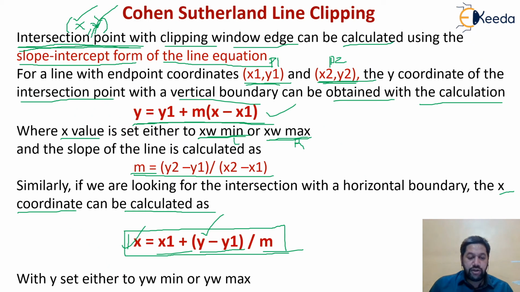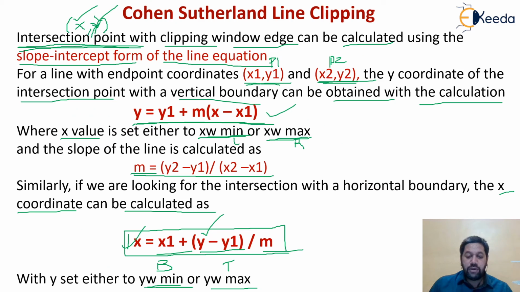The y is set either to yw minimum. What is yw minimum? Yw minimum indicates my bottom edge. Or y is set to yw maximum, which is my top edge. So if I want to find out the intersection of the line with the bottom edge, then y is equal to yw minimum.